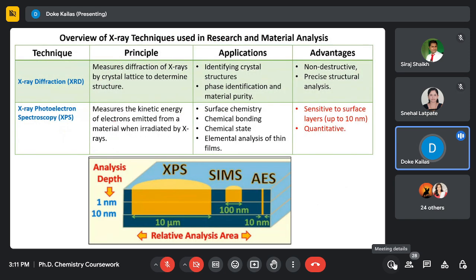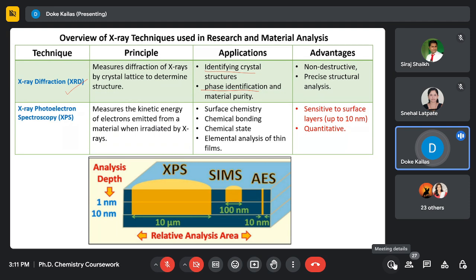This is yesterday's slide, but I had modified it a little bit. This X-ray diffraction, the principle and application, I explained yesterday throughout the 2 hours lecture.